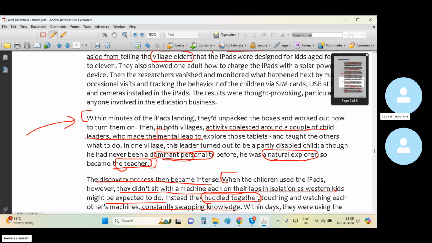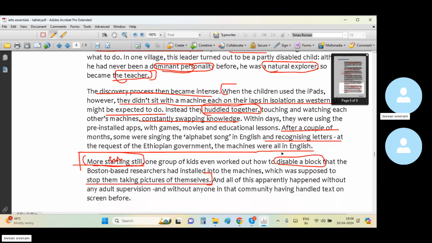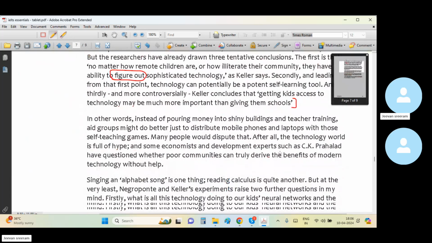and who made a mental leap. Mental leap means mentally better, mentally better to explore these tablets, and taught the others what to do. Taught the others what to do, which gives a sense that there must be a competitive environment. So one may think to outperform the others. Right.